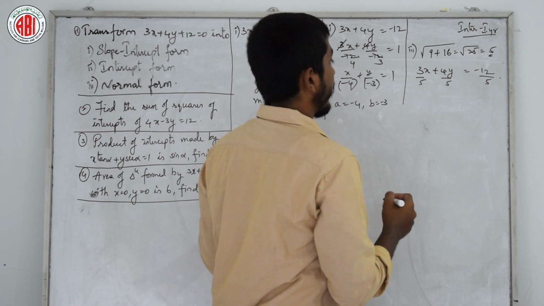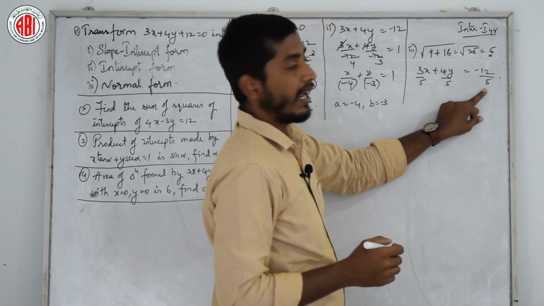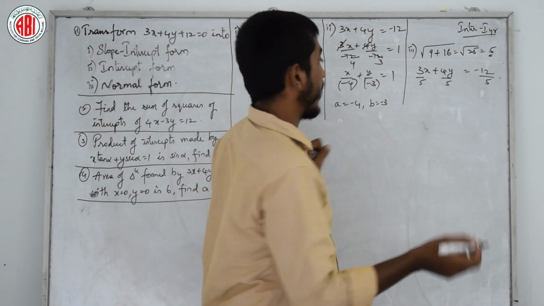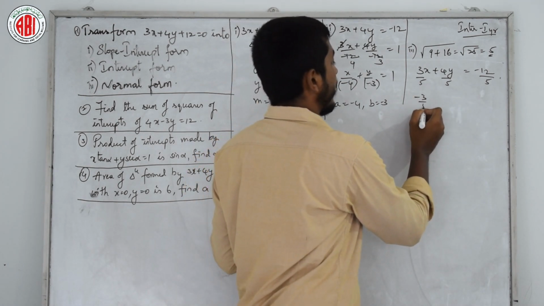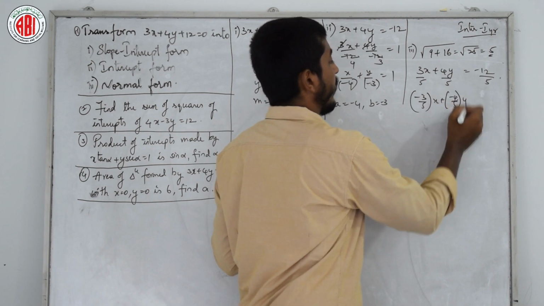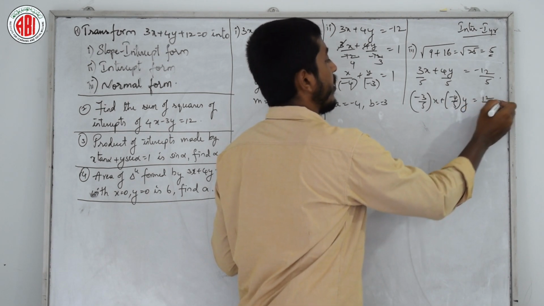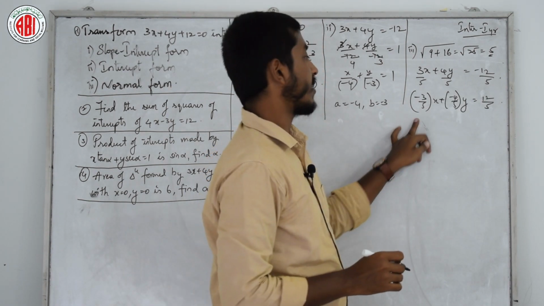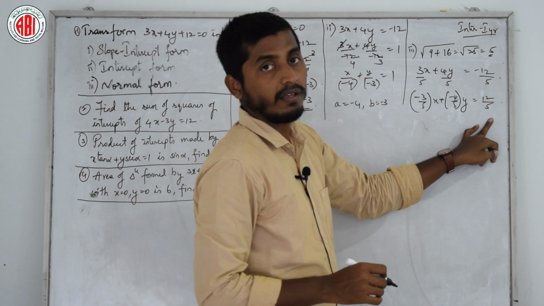What is the format which we should have? The right side should not have a negative sign. Therefore, we will transform everything as minus 3 by 5 into x minus 4 by 5 into y is equal to plus 12 by 5. Clear? Is it in the form of x cos alpha plus y sin alpha equal to p?